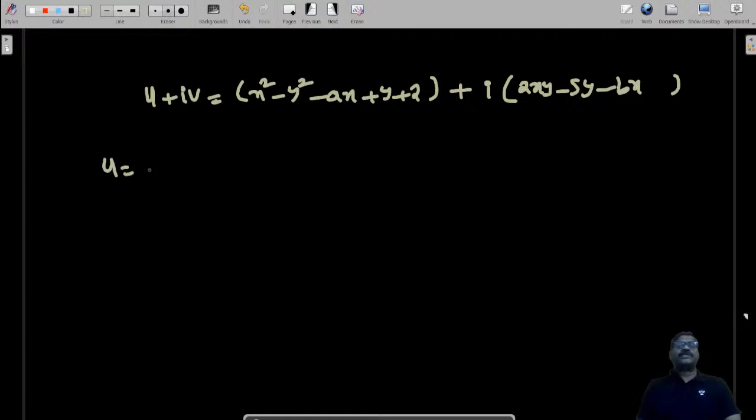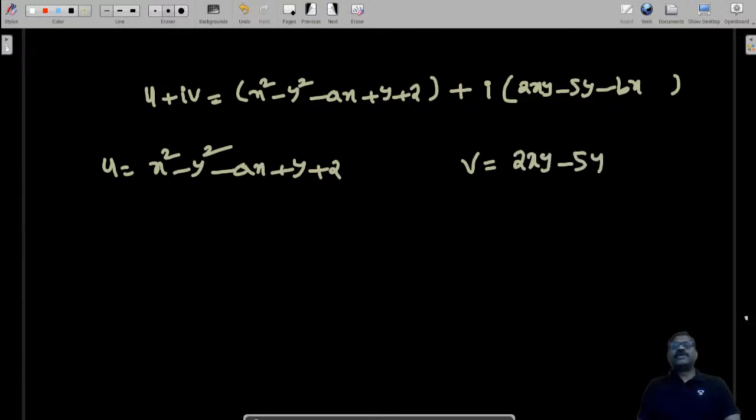Now u is x square minus y square minus ax plus y plus 2. v is 2xy minus 5y minus bx.